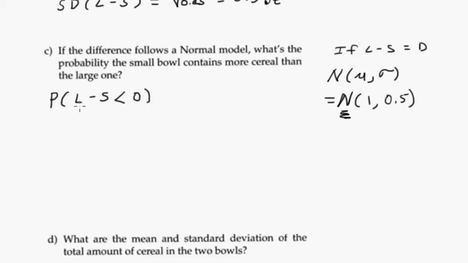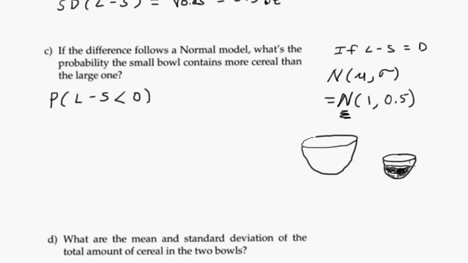Now I know a few students are looking at me funny, like I've gone off the deep end. How can a large bowl have less than a small bowl? So I'm going to digress for a minute and say, okay, here's the large bowl, and here's a small bowl. Let's put some stuff, the cereal, into the small bowl.